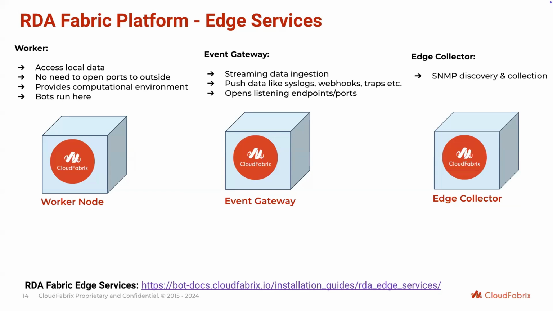When the pipelines and the bots are executed for data collection or for data transformation, they are executed on top of the worker nodes. When the pipelines are executed, the scheduler automatically distributes the workload across the available worker nodes.